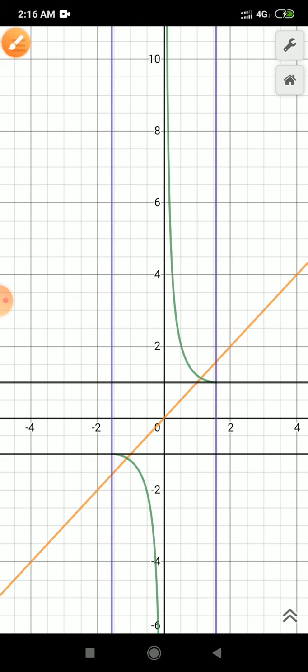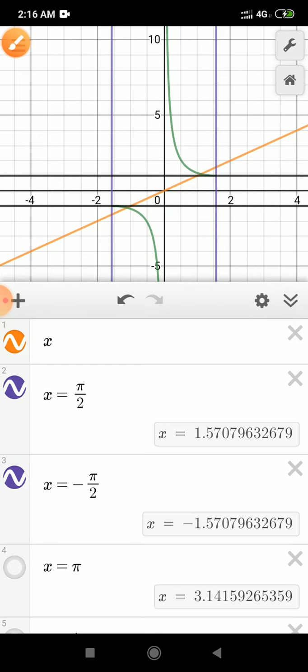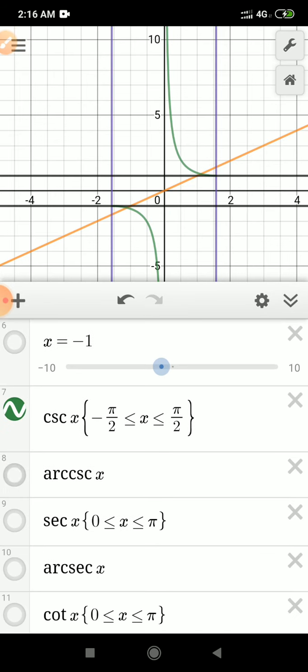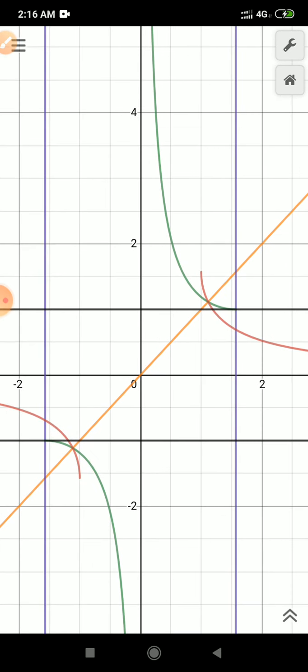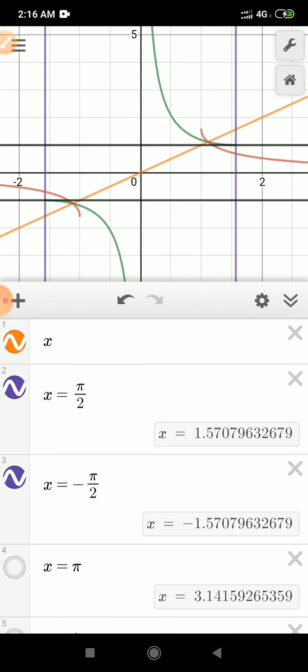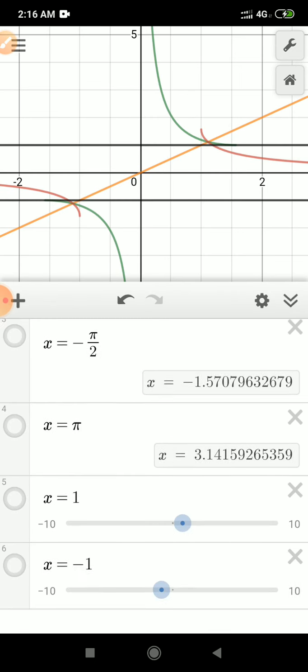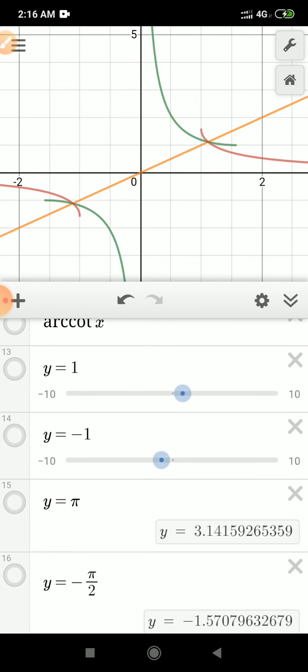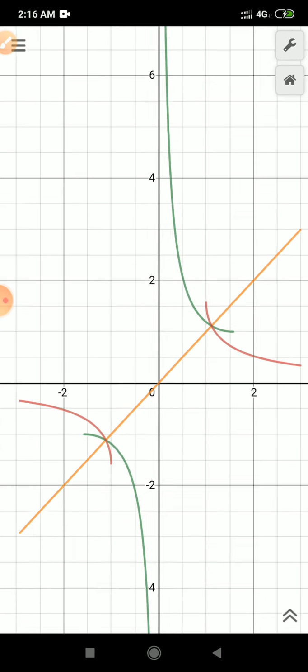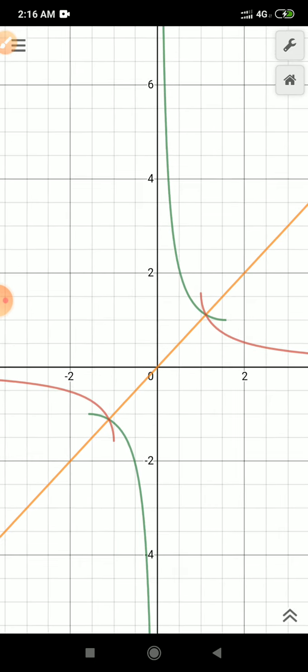So what should be the inverse? Let me show the inverse function for this. This will be the inverse function for cosec x. Okay, so let me deactivate the horizontal and vertical lines. See, the red one is the cosec inverse function.